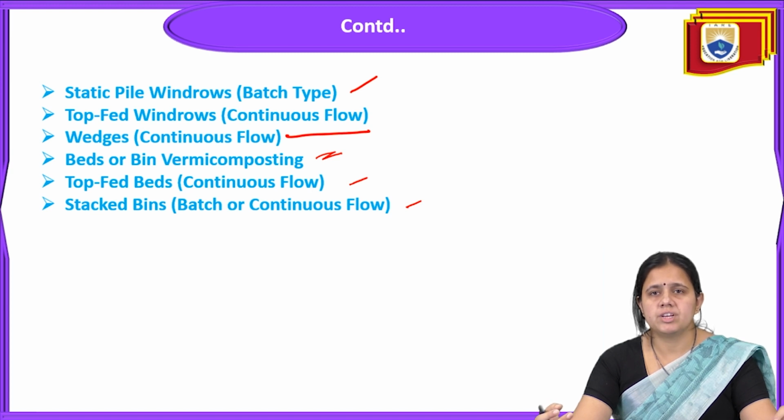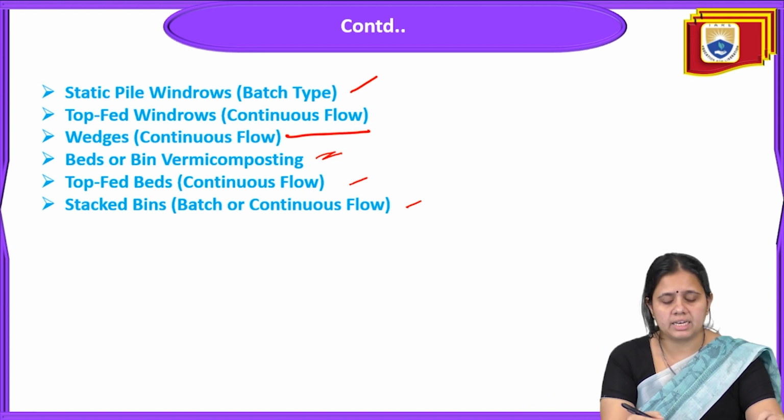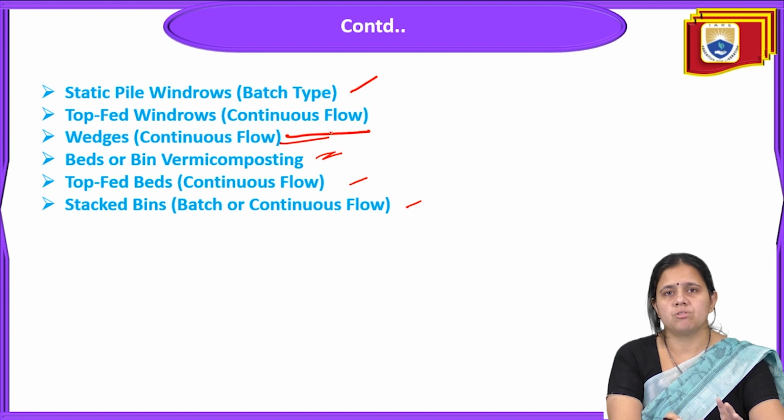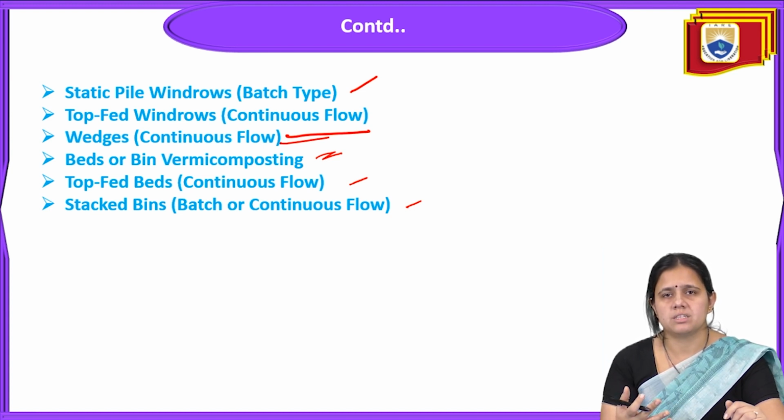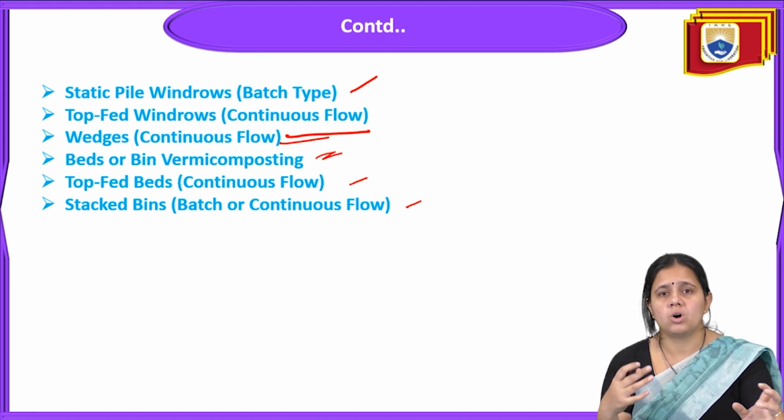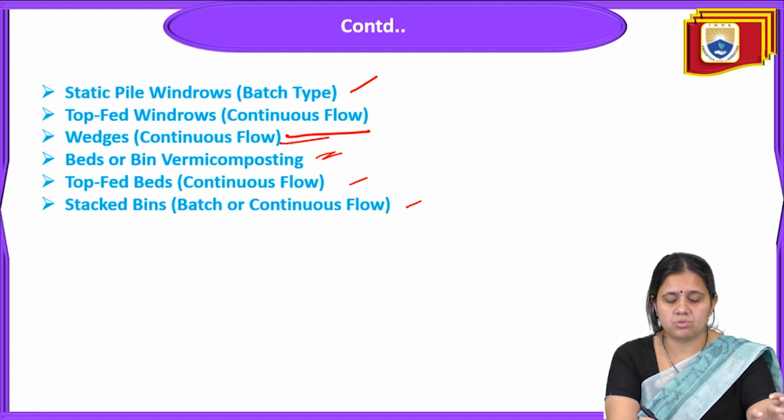Wedges are also continuous flow, because every week we turn the waste so that excess moisture is not accumulated and no heat gathers in one place. That's why this continuous flow is there.